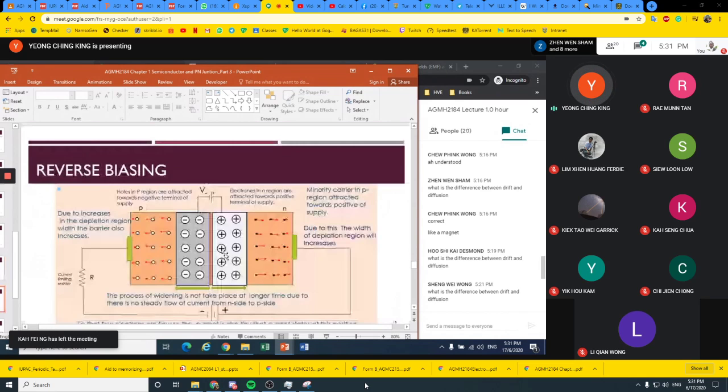So during reverse biasing, the cathode connects to the positive terminal and the anode connects to the negative terminal. So this process widens the depletion region.